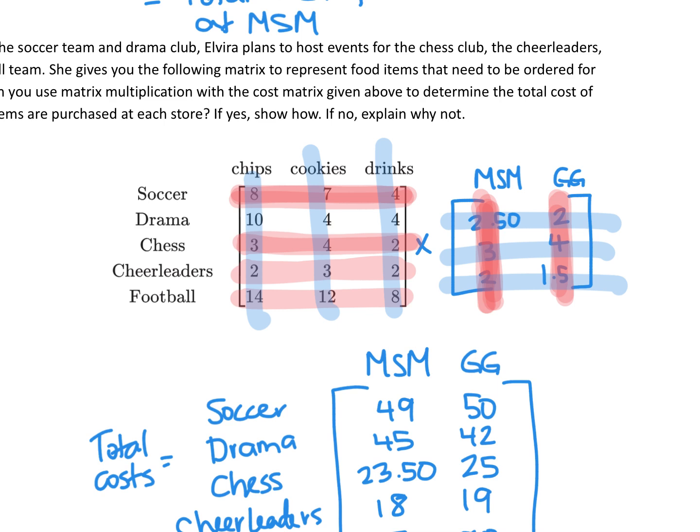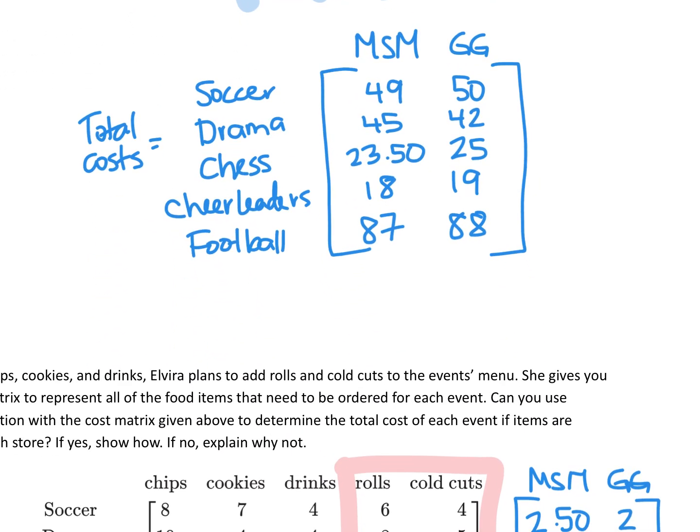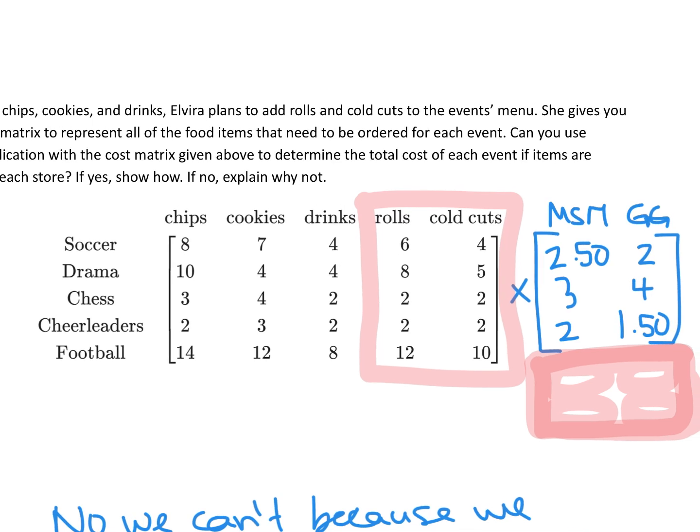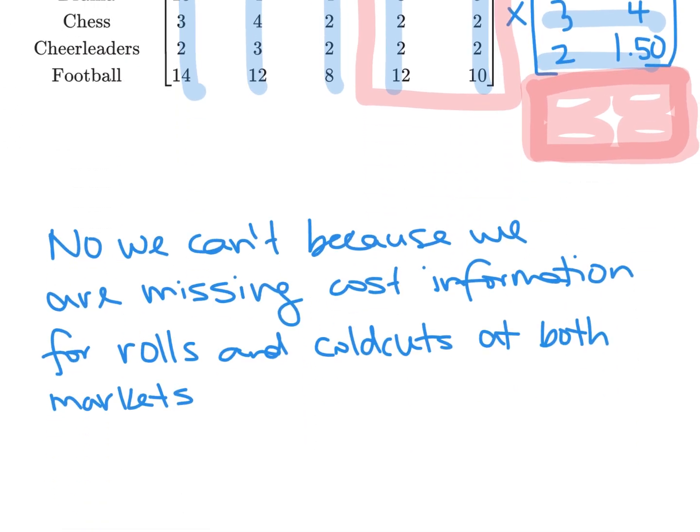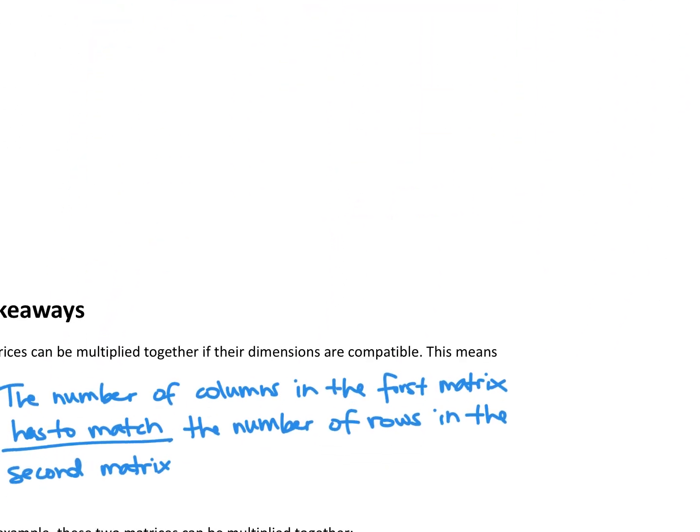So it was still compatible. 3 columns, 3 rows, we can still find our totals, even though we added a whole bunch more groups to our first matrix. Okay, but here in number 4, we had 5 columns and still only 3 rows. So that is definitely not compatible.